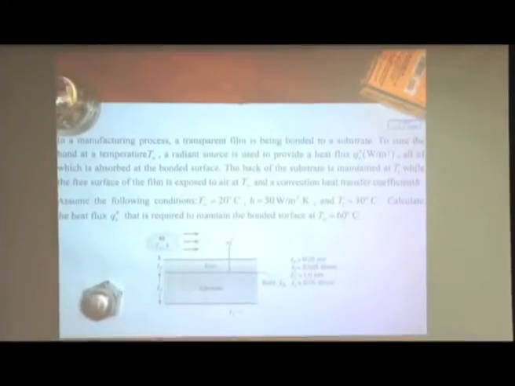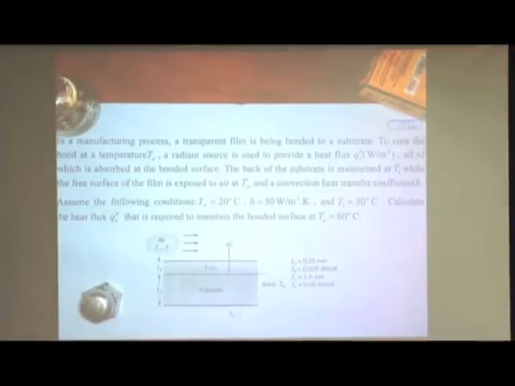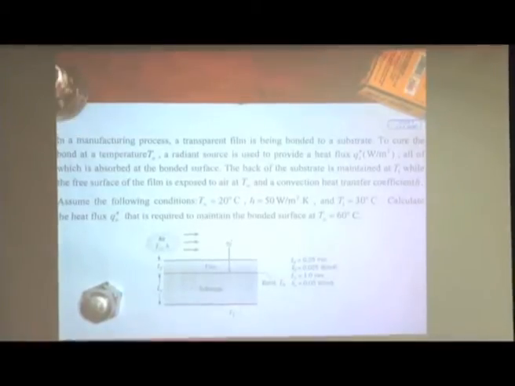This problem is like this. Now this is a problem, try to appreciate. I hope all of you can see. That problem requires the description. Well, in a manufacturing process, a transparent film is being bonded to a substrate.